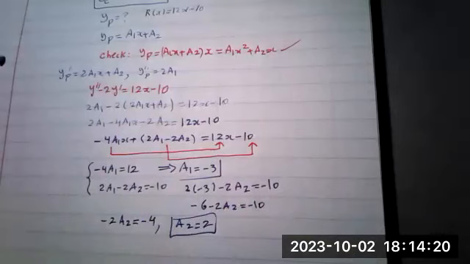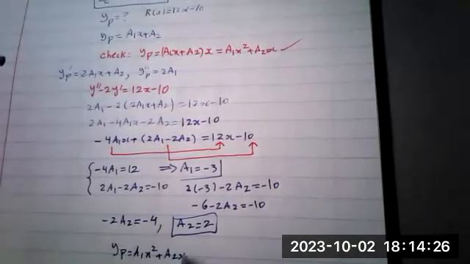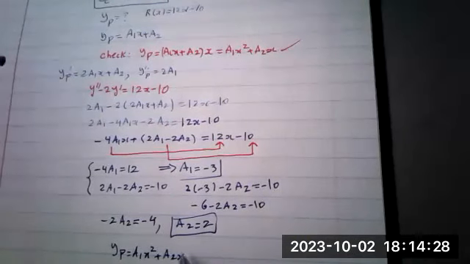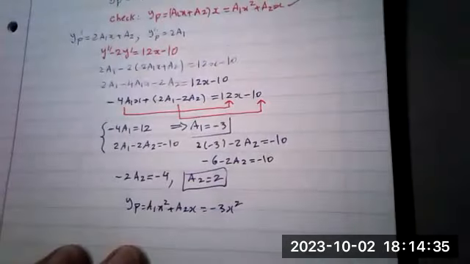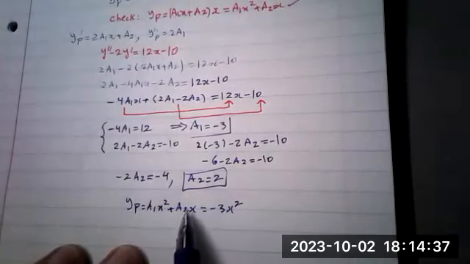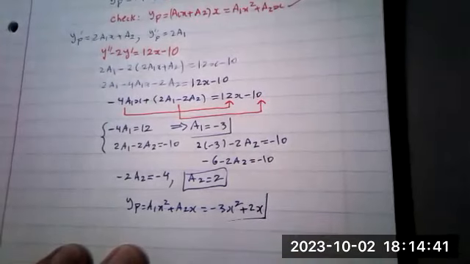Remember the yp? The yp was a1 x squared plus a2 x. Now you substitute. a1 is negative 3, so negative 3x squared, and a2 is 2, plus 2x. This is your particular solution.